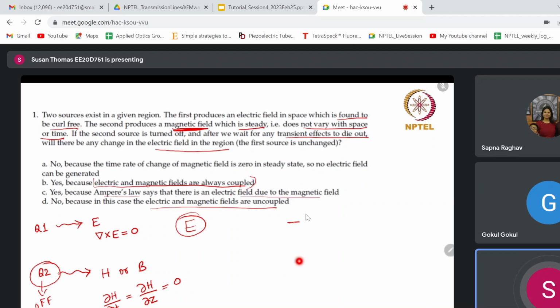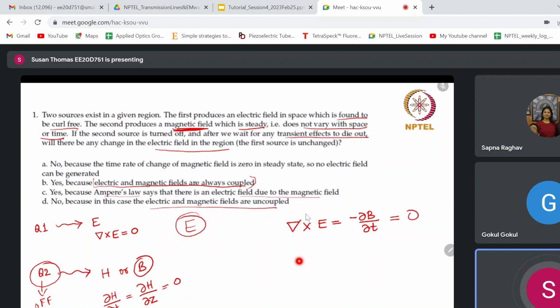Let me write the curl equation first. So what is the curl equation? Del cross E is equal to minus dou B by dou t. Now we say that B, that is magnetic field, is steady. It does not vary with respect to time. So dou B by dou t will be 0.